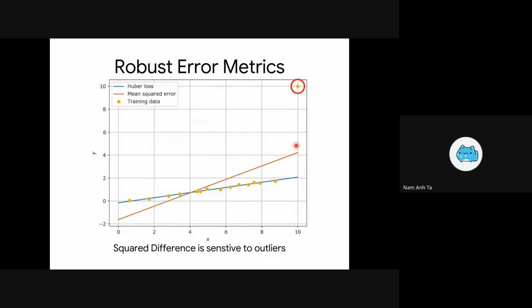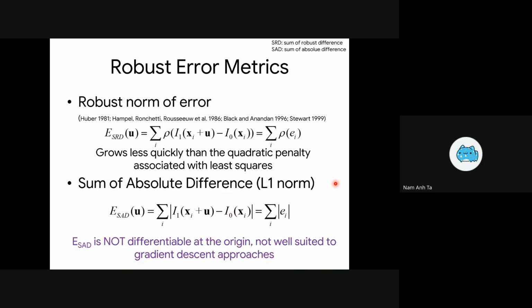As you can see on this plot, the red line represents the mean square error, and SSD is pretty sensitive to outliers. In real-world scenarios, we deal with noise, occlusion, or the object moving out of the frame, and these create outliers. So if we stick with SSD, this error might get squared and completely ruin our motion estimation.